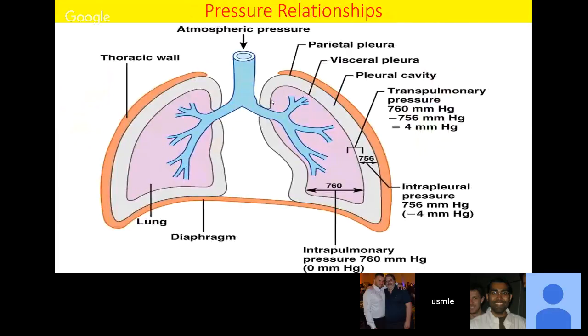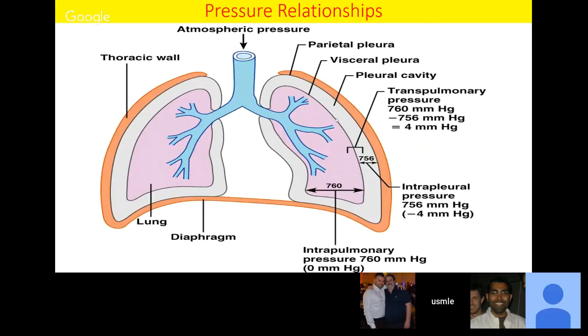So the relationship between the pressures: you're going to have the parietal wall and the pleura. The pleura, you need to look at it three ways: the parietal one, the visceral one, and the space between.